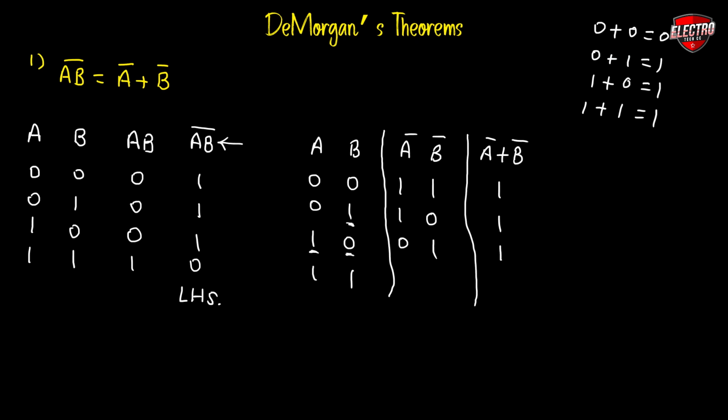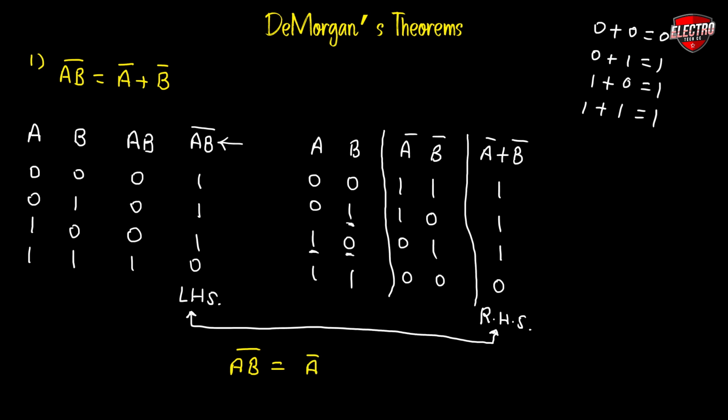The last is the 1 1 combination, and the complement of 1 1 is 0 0, and if we add 0 plus 0, then we get 0. Here is the RHS of the first theorem, and if you compare both the LHS and RHS, both are the same. So we can write that (ab) complement is equal to a complement plus b complement. Clear? So this is the first theorem of DeMorgan's.